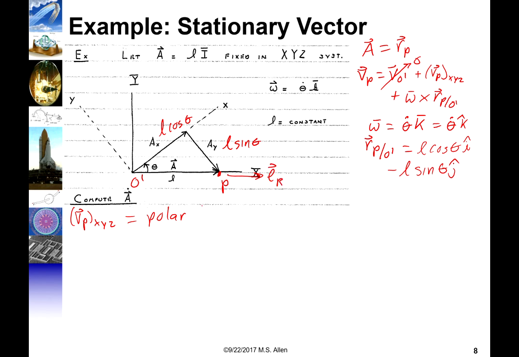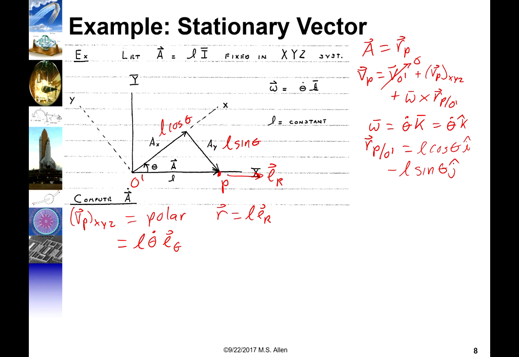And so we could say that the position vector was L in the e_r direction. And because L is constant, if we use the polar coordinates, the motion would just be L theta dot in the e_theta direction.